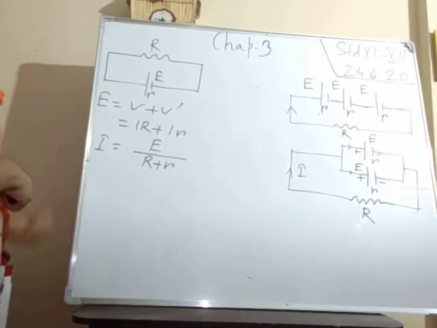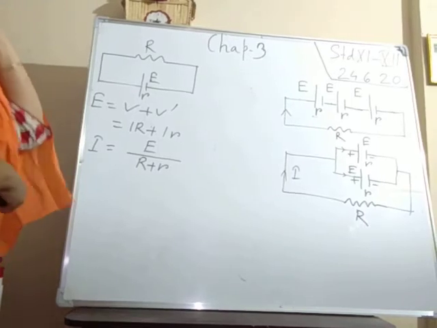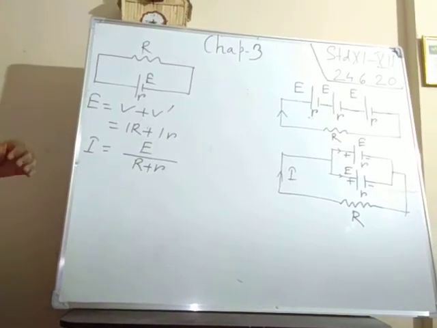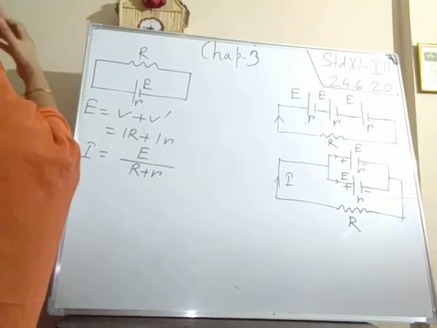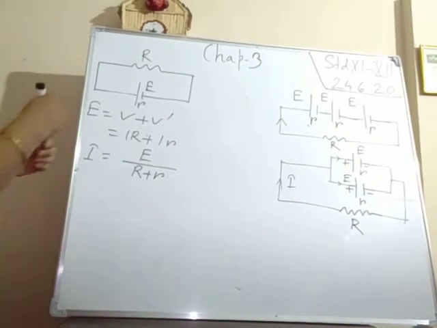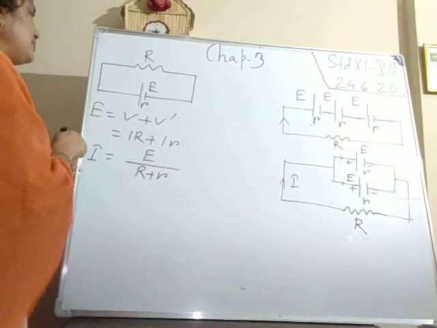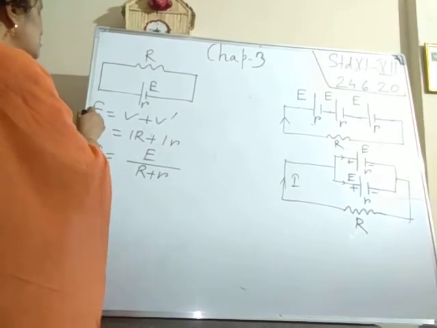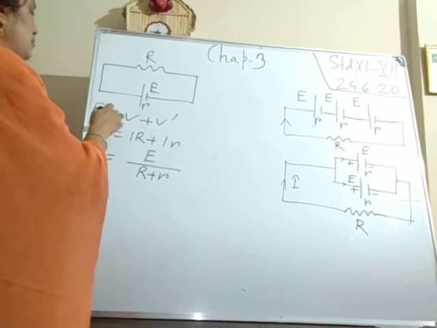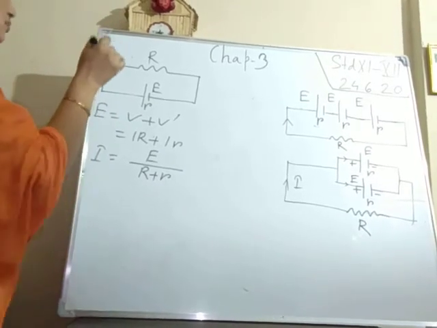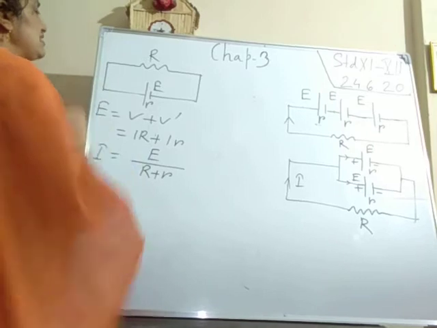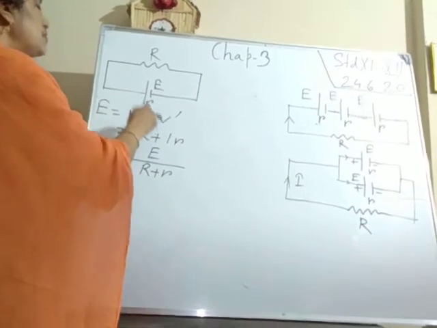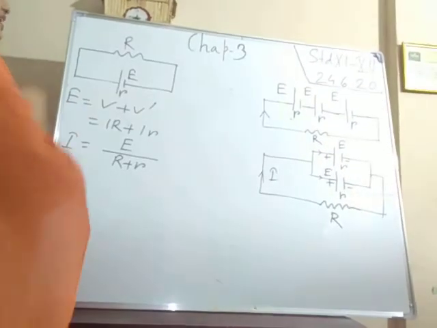So in order to overcome internal resistance, the electromotive force of the battery, that means electrical energy, has to be used for two purposes. One part is used to overcome the external resistance R, that is V, and the other part V prime will be used to overcome the internal resistance.